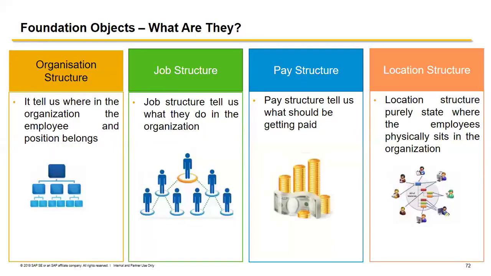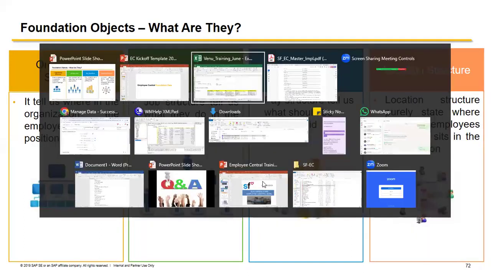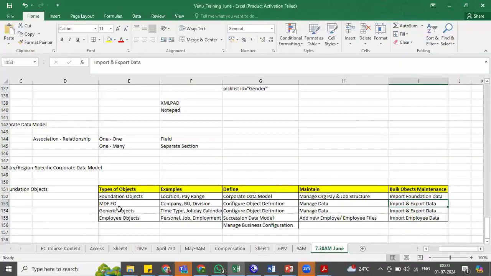Maintenance part is always done in instance. What about business unit? Like say, if you want to create a new business unit, do we do it on the instance side? Yes, everything is done in instance. MDF foundation objects are all done in instance. You need to go to manage data to maintain them. Location, you need to go to manage organization pay. Pay grade, pay frequency, you need to go to manage organization pay.